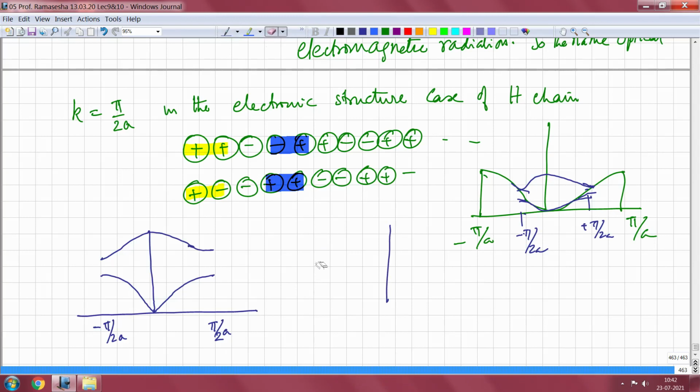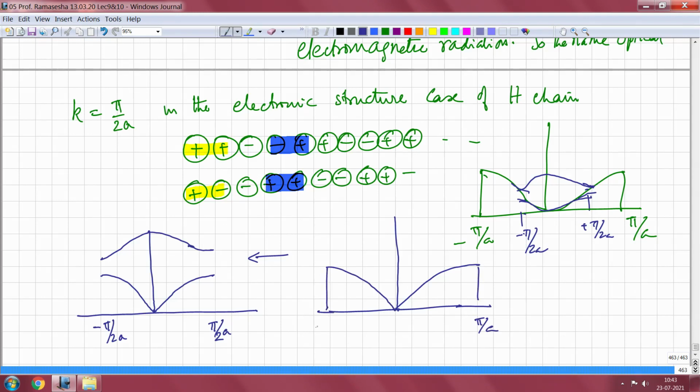So you had something that was going like this all the way. This was pi by a, minus pi by a, and you opened up a gap by making the atoms different.